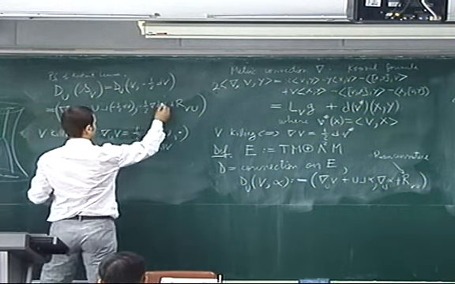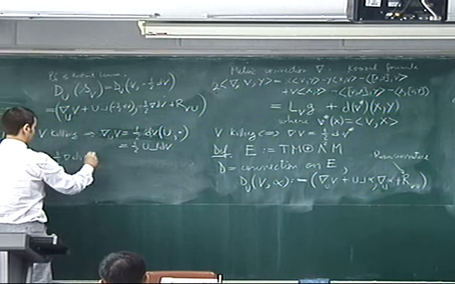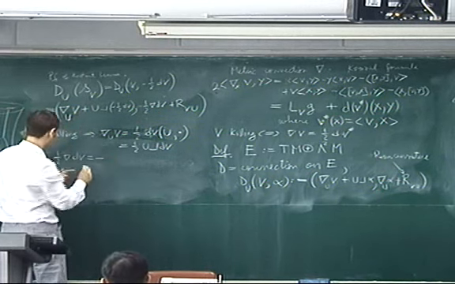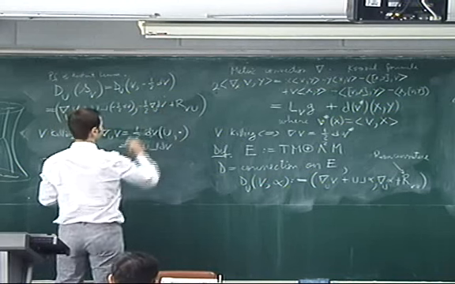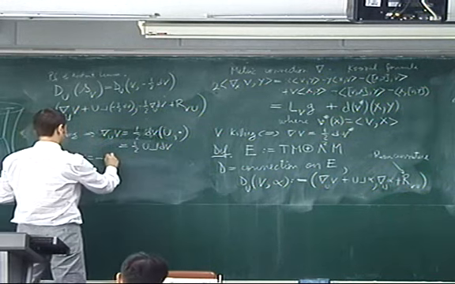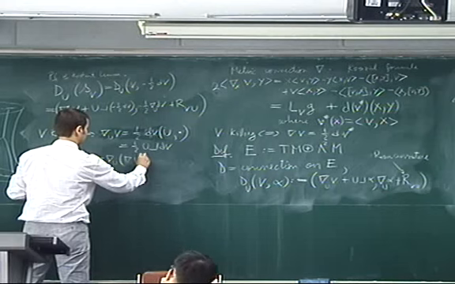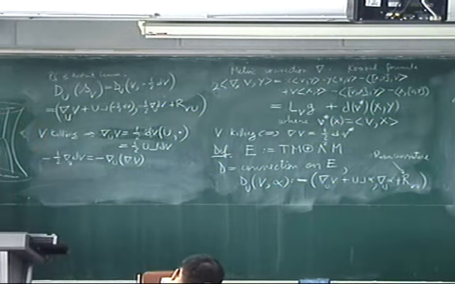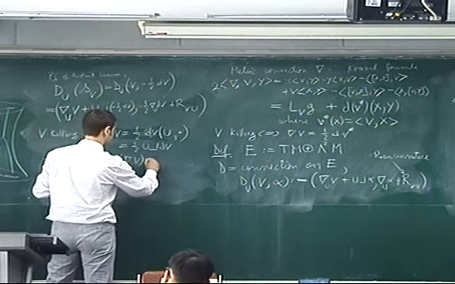The second term is equal to minus nabla u, because I need to differentiate in a certain direction. Minus nabla u of nabla v. And then this is a small computation.